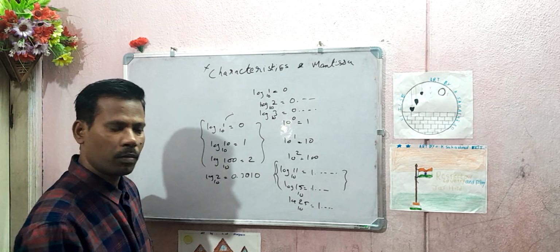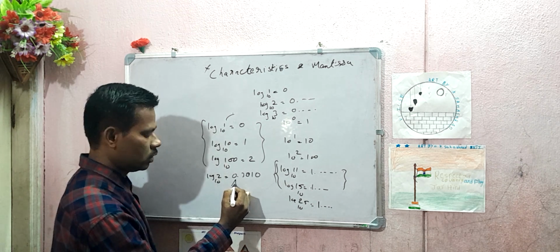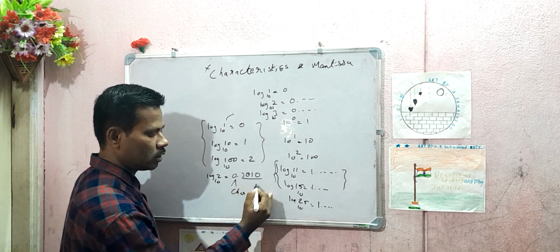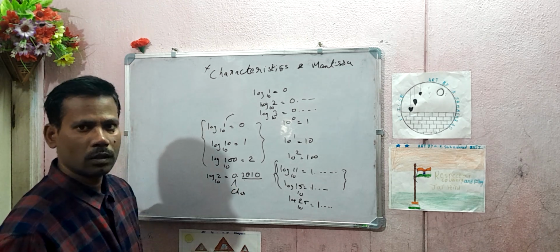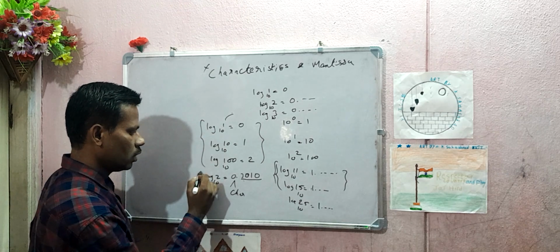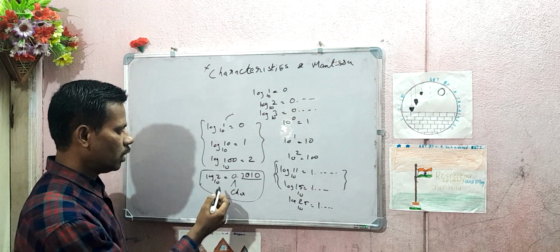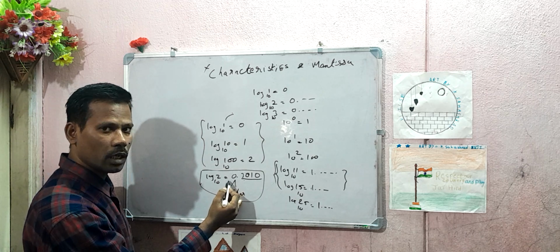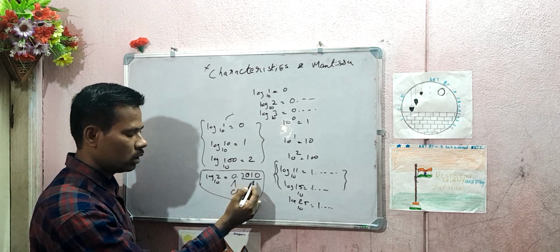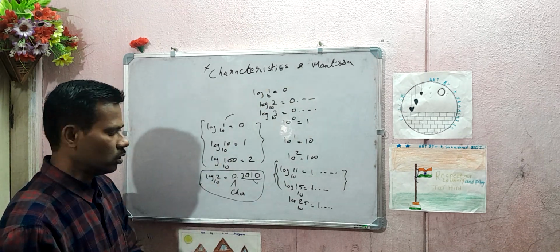The integral part is called the characteristic, and the decimal part is called the Mantissa. That is the meaning. Characteristic is nothing but the integral part, meaning integers, and the decimal part is called Mantissa. This is an example.